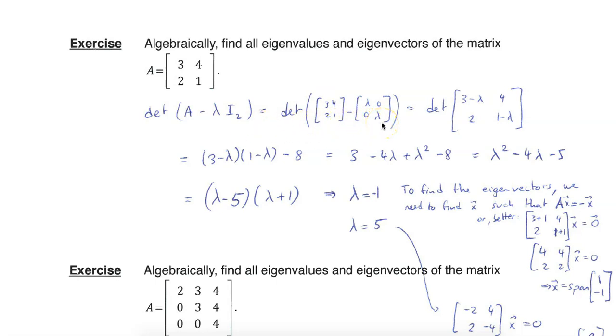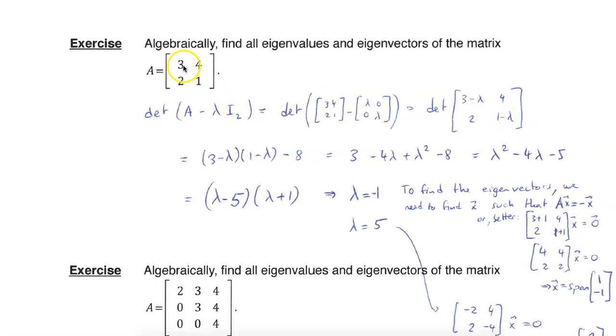Lambda identity looks like that. It's lambdas along the diagonal minus 0, and it is this. You can start here right away in exercises. It's always going to be the same. It's the determinant of matrix A with negative lambdas along the diagonal.